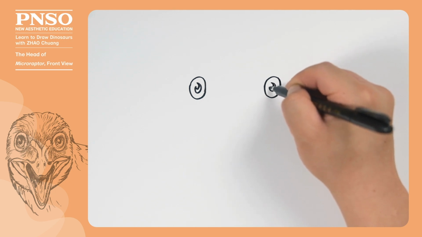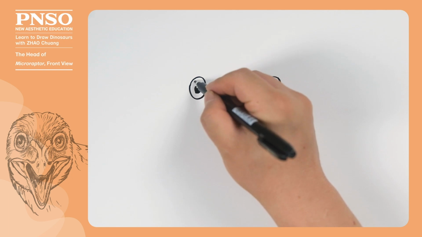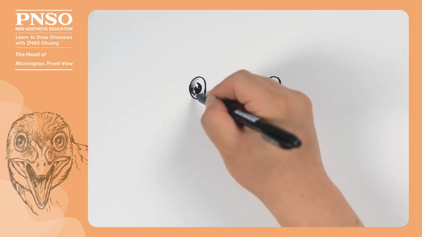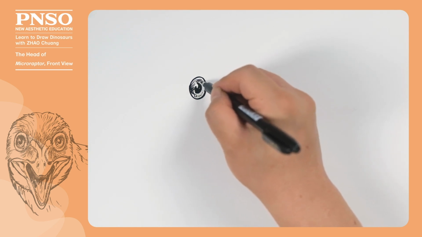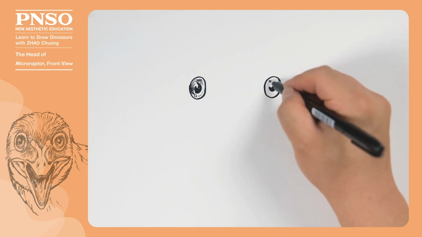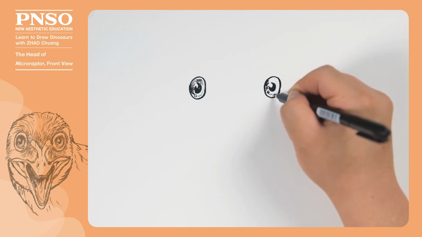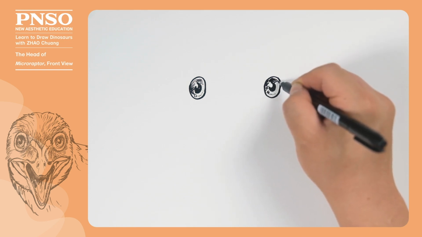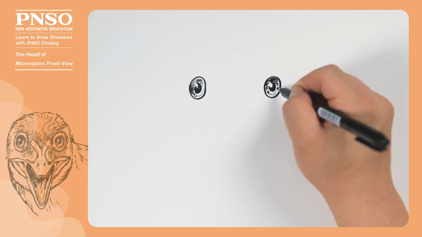Now, we move on to its pupils and draw some textures on its eyes. When drawing these shadings or textures, we need to draw the upper half darker and draw fewer lines in the lower half.